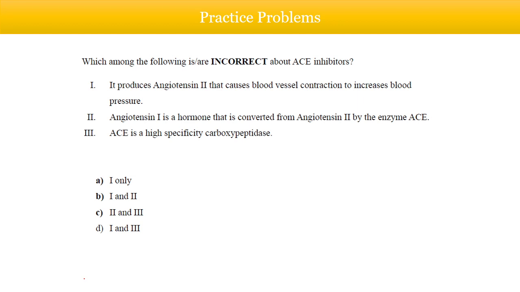So the angiotensin 2 is a hormone that is converted from angiotensin 1 by the enzyme ACE. Now the last two residues of angiotensin 1 are cut off by ACE, thereby producing angiotensin 2, and ACE is a low specificity carboxypeptidase. So number 3 is incorrect. And 1 is incorrect. So therefore 1 and 3 are incorrect. This is correct, but the other two is low specificity.